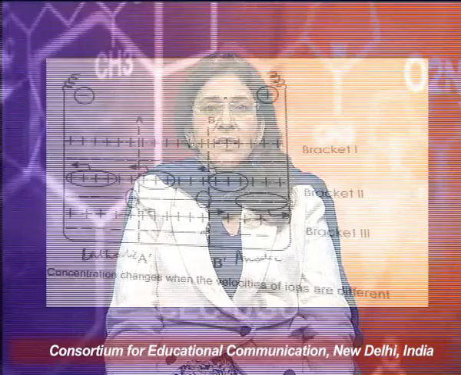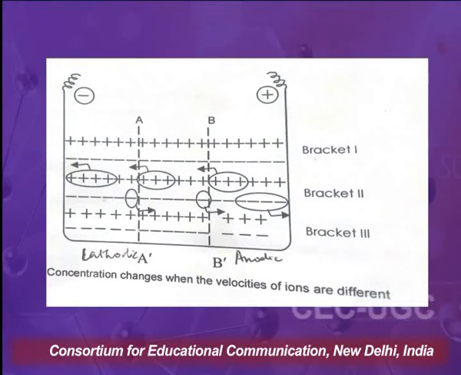We can again see from the figure, when 4 faradays of electricity is passed, according to electrode reactions, 4 equivalents of cations are being deposited at the cathode and 4 equivalents of anions are being deposited at the anode.